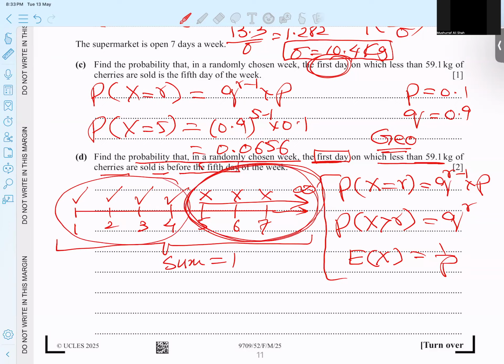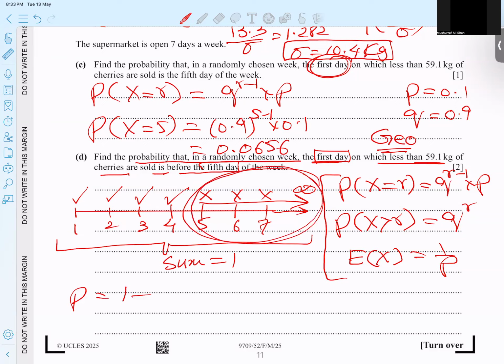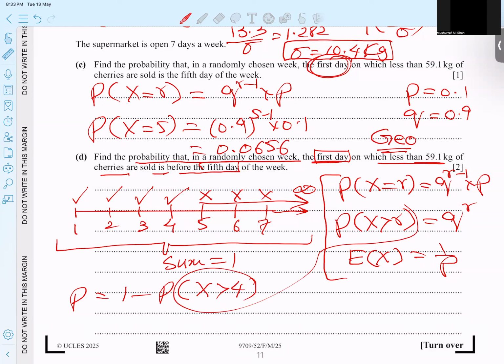I want the first 4 numbers. So can I say 1 minus, how do we call these values? Are they more than 4? Correct. I will say more than 4 I don't need. And for more than 4, I use this formula and the game is over. 1 minus Q to the power 4, Q is 0.9, so 0.9 to the power 4.